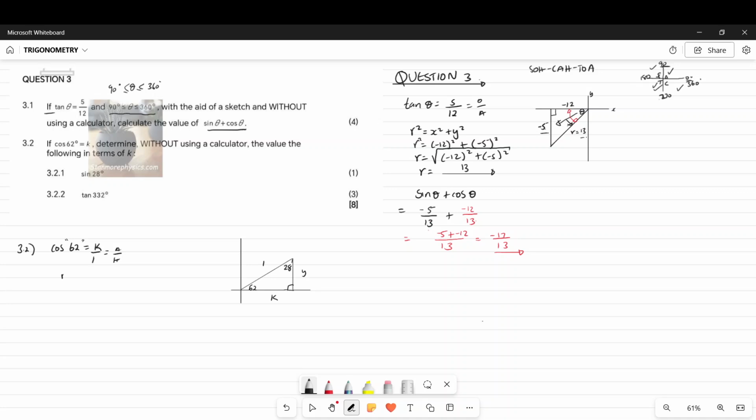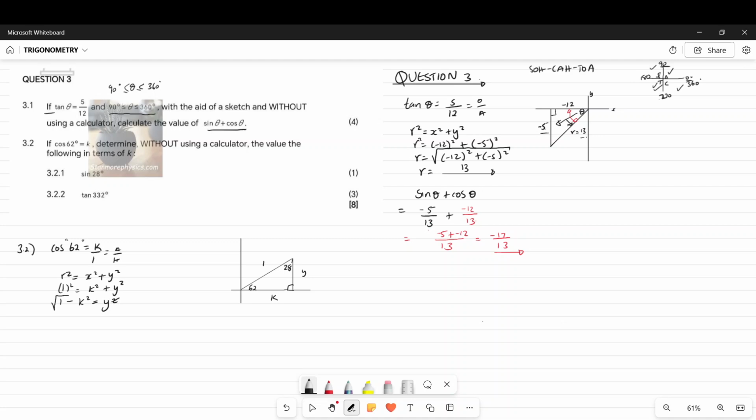So now you can use the theorem of Pythagoras, right? So r squared is equal to x squared plus y squared. So r is 1, squared, is equal to x. X is k, squared, plus y squared, right? So now this is going to be 1. Transpose k squared this side to be 1 minus k squared is equal to y squared.